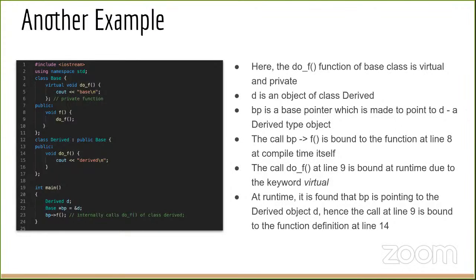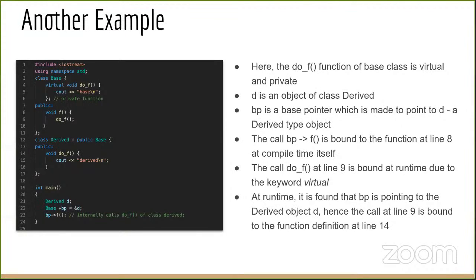And in class derived, we have a public non-virtual function named do_f. This is non-virtual because the function do_f in the base class is actually private, and so it is not inherited by this derived class, right?